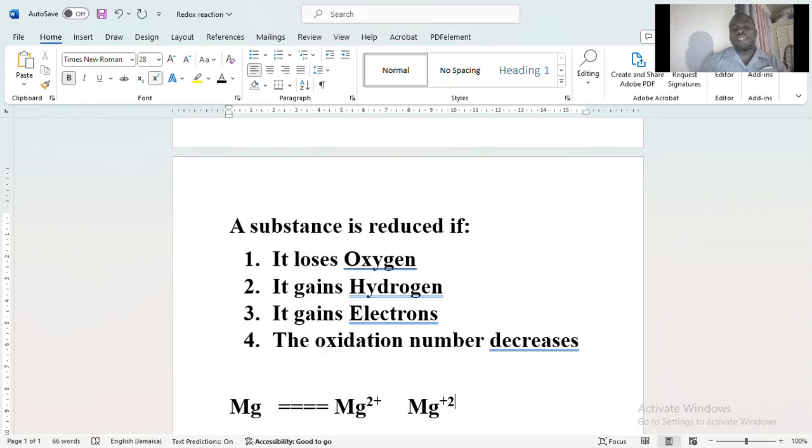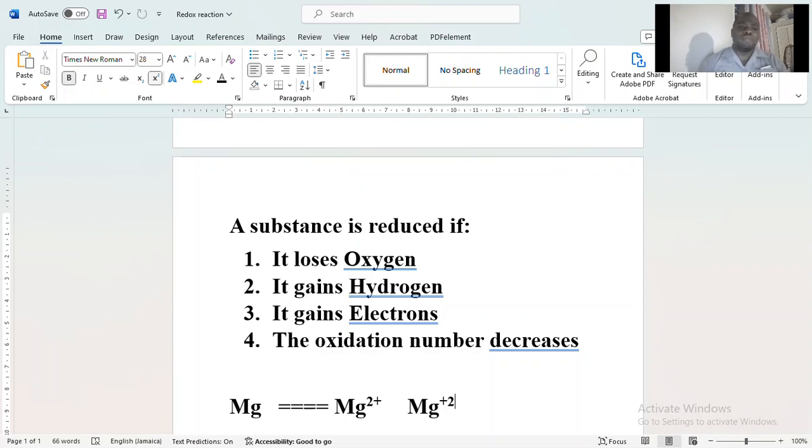So how did magnesium get to this 2 plus? It had to lose electrons. And going back to the concept of protons, electrons and neutrons, we know that magnesium would have had 12 protons, because that's the atomic number.